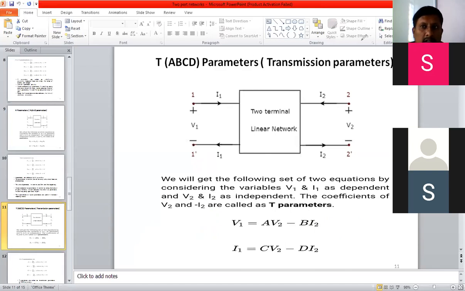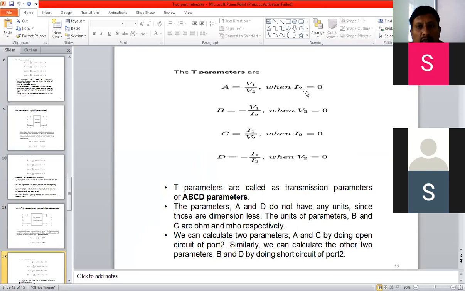Now next one, how to find out the ABCD parameters. In the same way, the condition we have to put is I2 equal to 0. When you put I2 equal to 0 in equations 1 and 2, what we are doing is opening port 2 dash. And when V2 equal to 0, what are you doing?